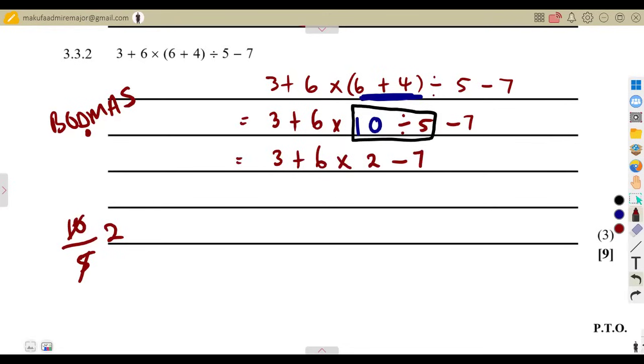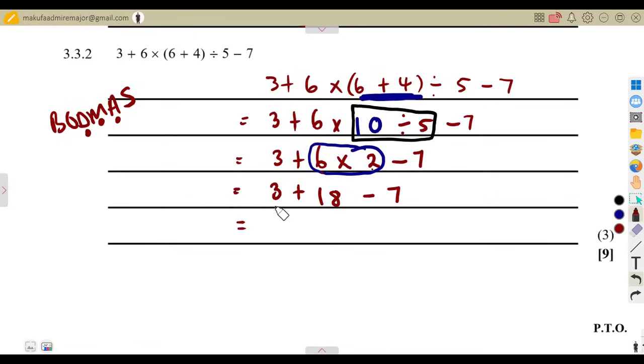You are done with the division. What follows is the multiplication. Is there a part that is multiplying? Yes, the 6 and the 2 are multiplying each other. So it's 3 plus 6 times 2, which is 12, minus 7. I move on to the addition. Are there numbers that are adding? Yes, a 3 and a 12.